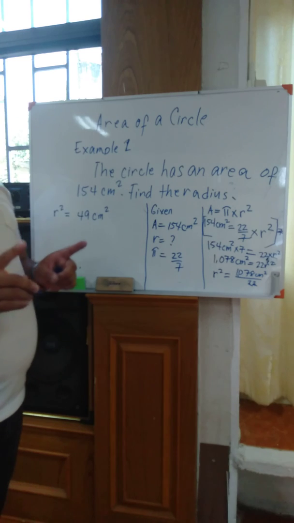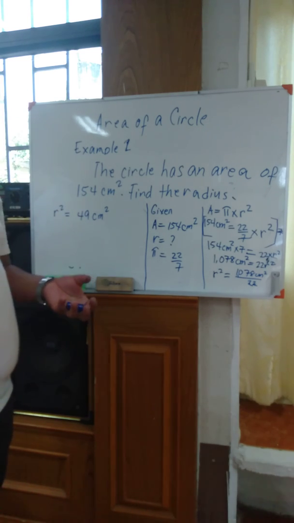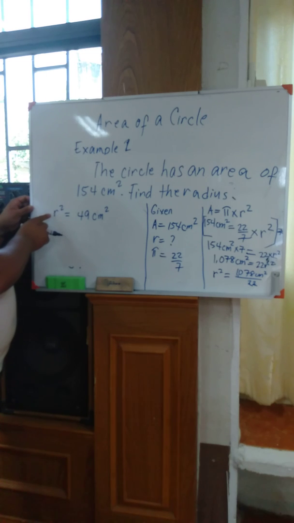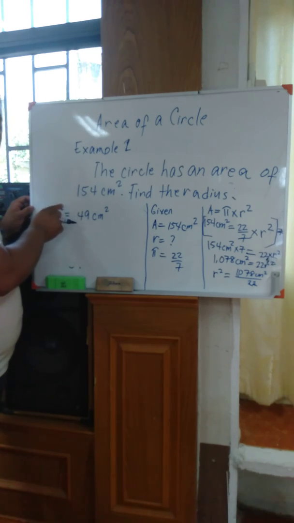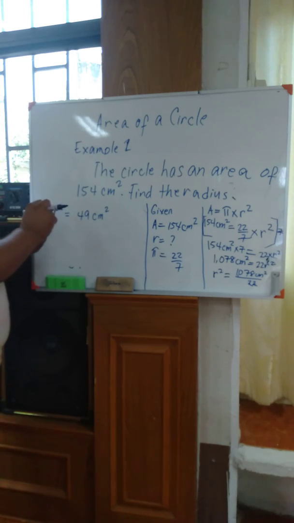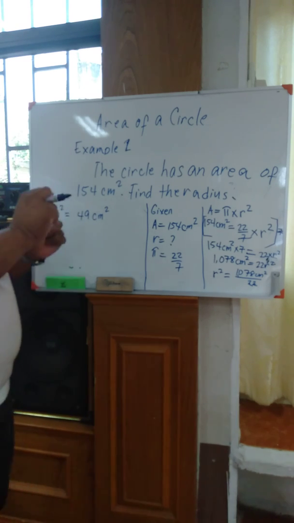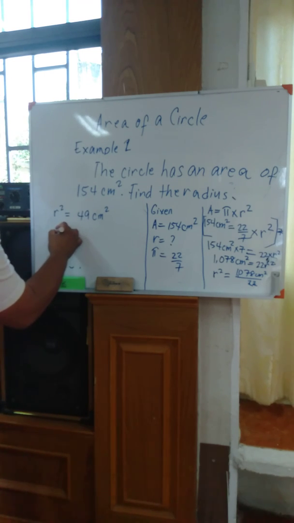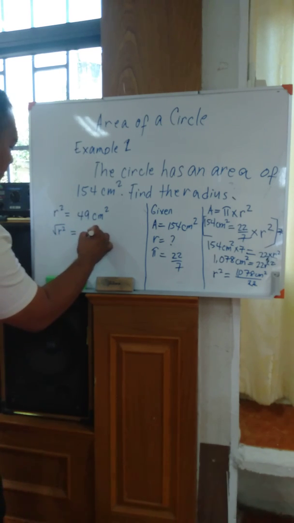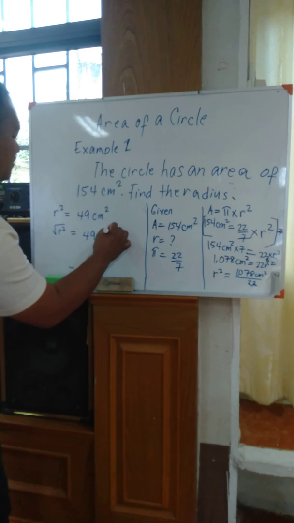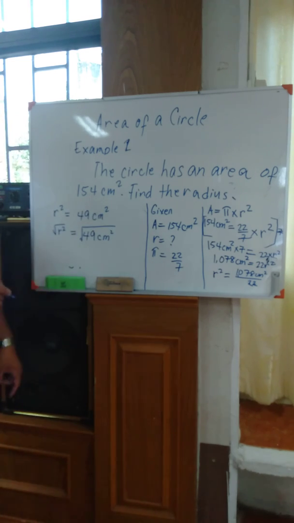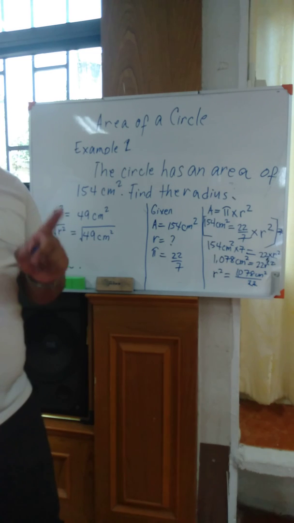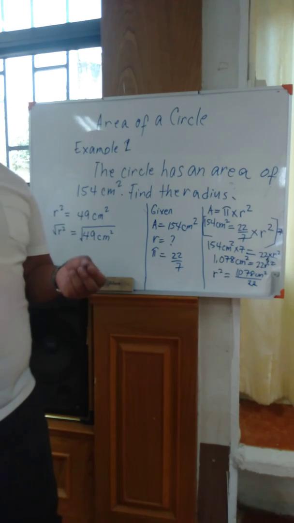Now class, be careful. We are not yet finished because you would notice that our r is still raised to the power of 2. So the only thing you are going to do in order to remove the square and simplify is put r squared and 49 centimeters squared inside the square root symbol in order to find the value of r.